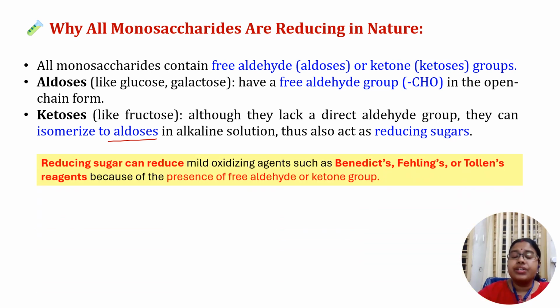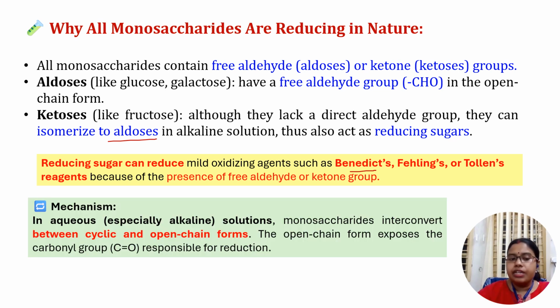Reducing sugars can reduce mild oxidizing agents like Benedict's, Fehling's and Tollens' reagents because of the presence of this free aldehyde or ketone group. This free aldehyde and ketone group releases the electrons, and the mild oxidizing agent accepts those electrons.